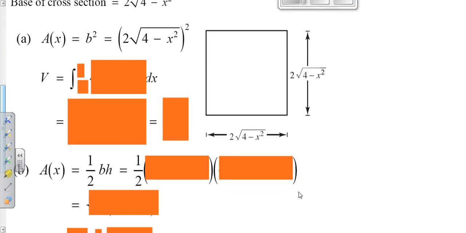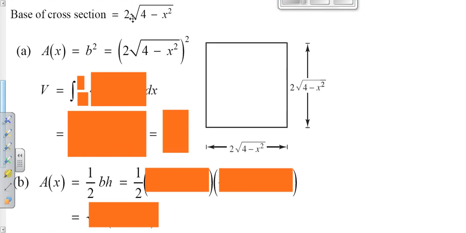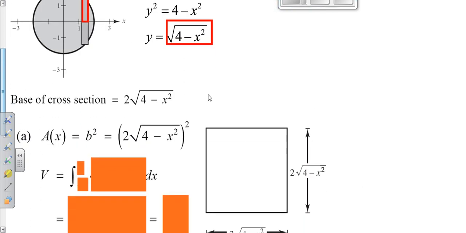Well, we know the area of a square. A square has both sides being the same. If one side is 2 root 4 minus x squared, the other side has to be 2 times root 4 minus x squared. When we look at this, we're going from negative 2 out to 2.